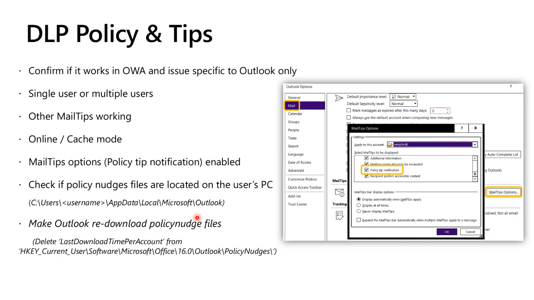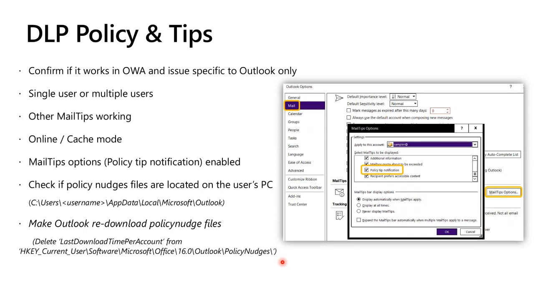So we could also try re-downloading the policy nudge files by deleting the last download time per account key from this hive: HKEY_CURRENT_USER, Software, Microsoft, Office, 16.0, Outlook, PolicyNudges. This will trigger the re-download of the nudge files.